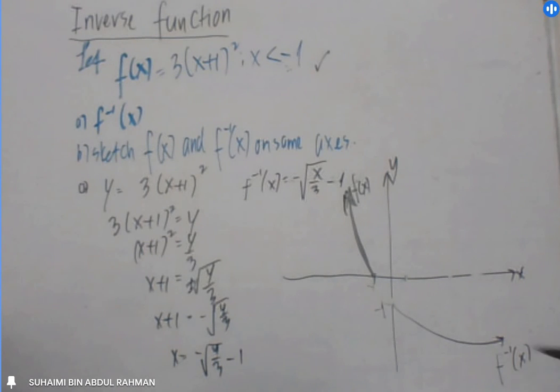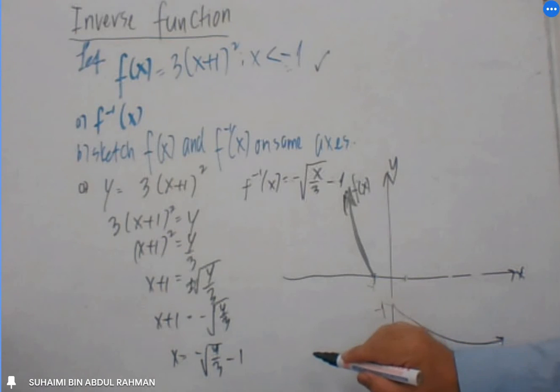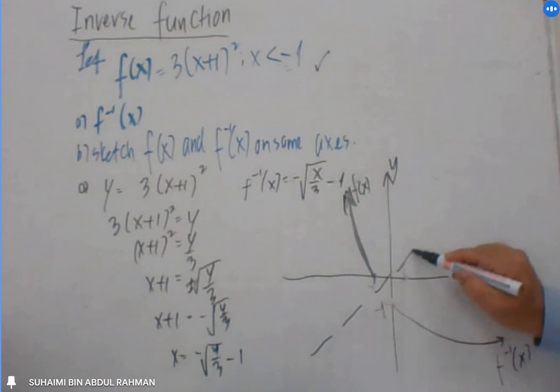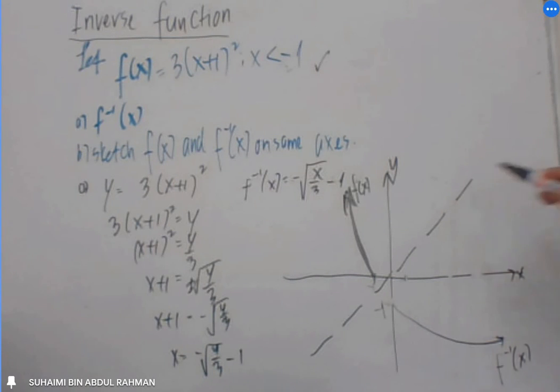And if you look at the graph, they reflect each other about the line y equal to x. Reflections about the line y equal to x.